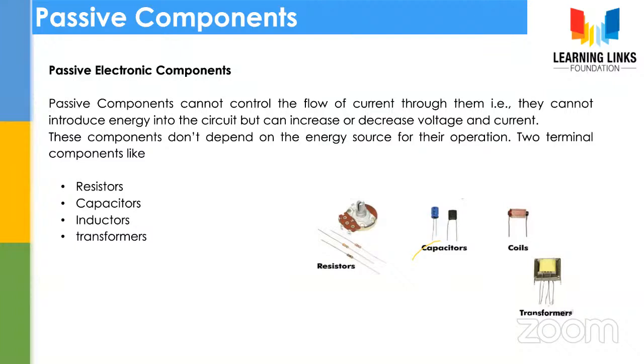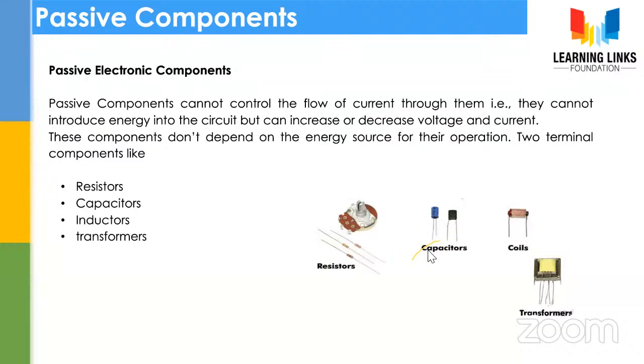So the first thing is the resistor. A resistor restricts the flow of current. The next thing is the capacitor. A capacitor stores the charge. Next thing is what are inductors. I think everyone should see this one. This is the inductor, this is the resistor, this is the capacitor. I think everyone can see these in your remote also, okay.